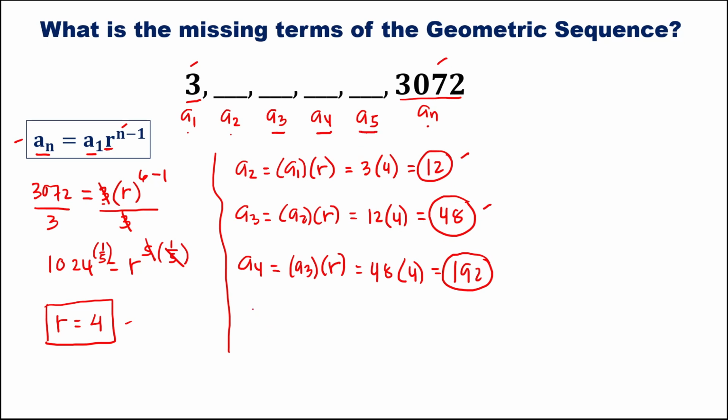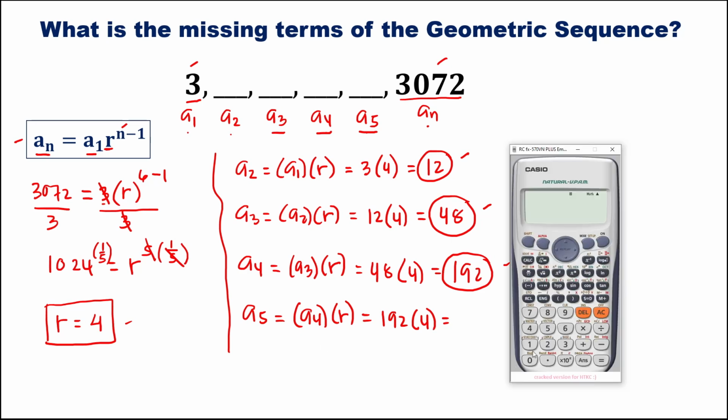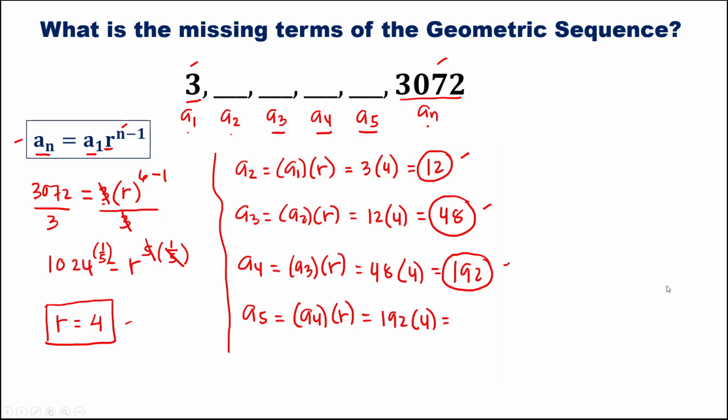Then the fifth term, a sub 5, equals a sub 4 times the common ratio. The fourth term, a sub 4, is 192, times the common ratio. So the fifth term is 192 times 4, that's 768. So the fifth term is 768.